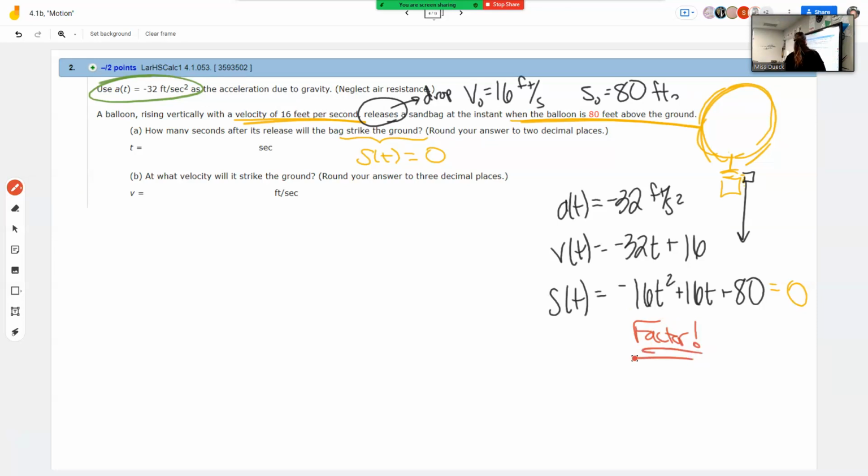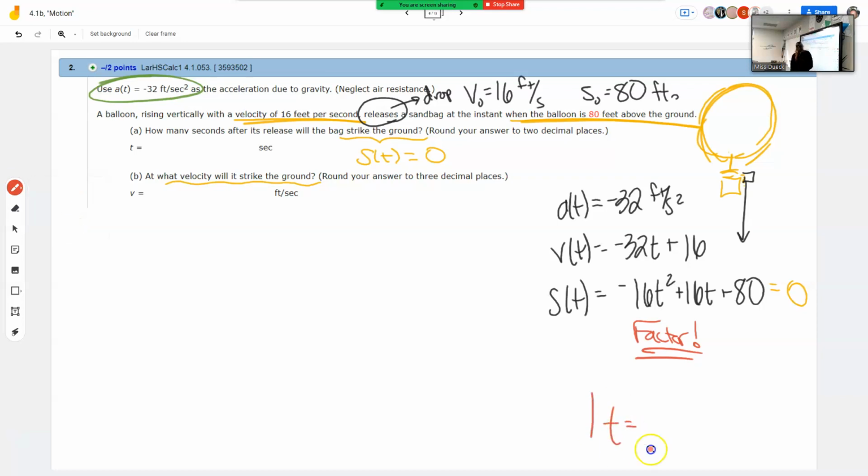But what's going on in part B? That was super similar to the example we did two examples ago, but this one says, at what velocity will it strike the ground? If you put 0, you are horribly wrong, because if someone's standing underneath that sandbag, they're not going to say it hit them with a speed of 0, right? We need to figure out what this time is, t equals?